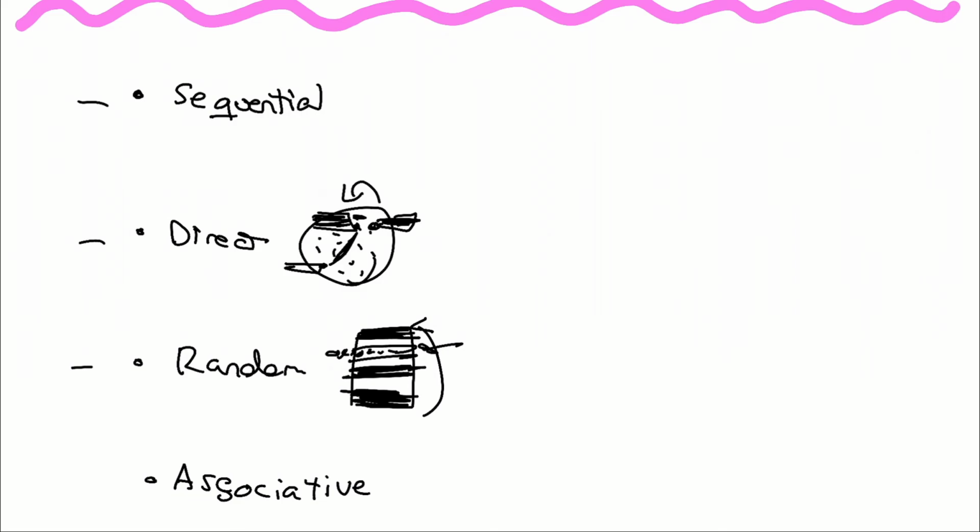Anyways, that brings us to associative, which is what I want to talk about today. So what is the associative access method? The thing about it is that data is located by a comparison with the contents of a portion of the data itself.